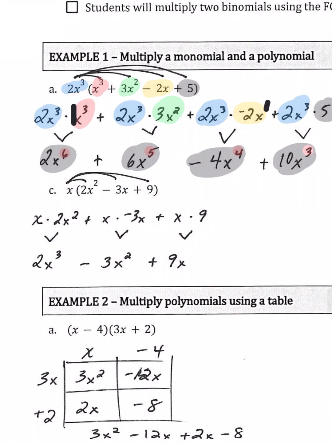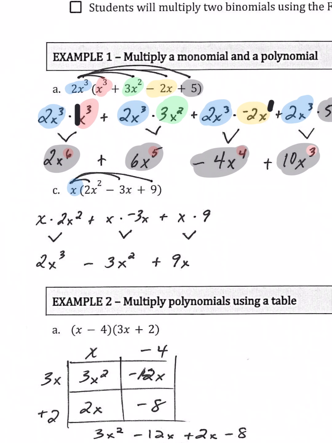Example C, we have this x on the outside multiplied with all the terms on the inside. So we have an x here, here, and here when I'm showing my work. We need to multiply x with 2x squared.